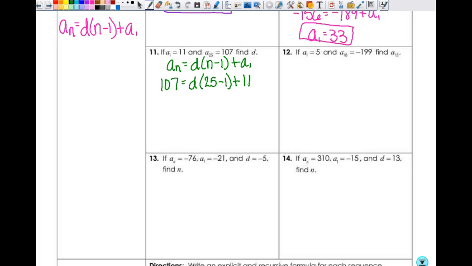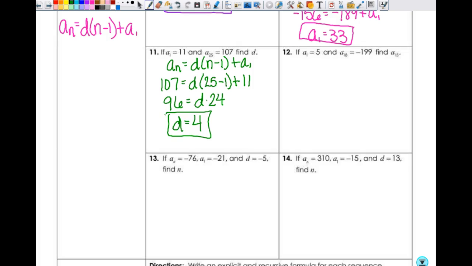So I can go ahead and subtract 11 from both sides. What does that leave me with on the left? 96. So 96 is equal to, and then 25 minus 1 is 24. So d times 24. Then I can divide, and d equals 4. Close enough. Okay. Everybody okay with all that?